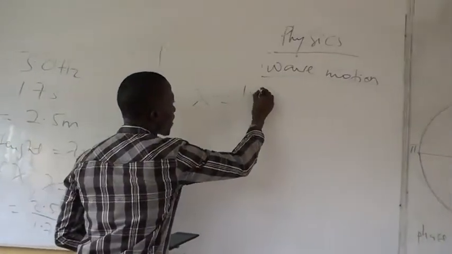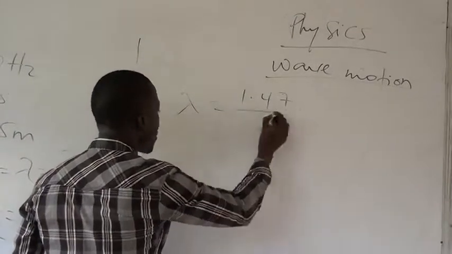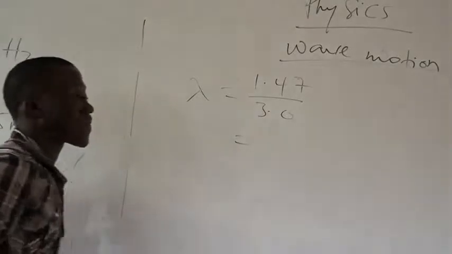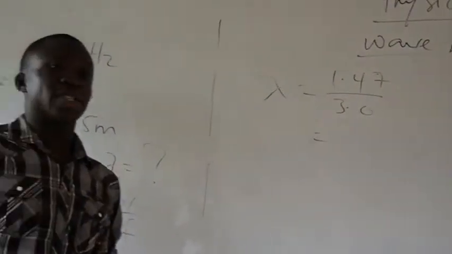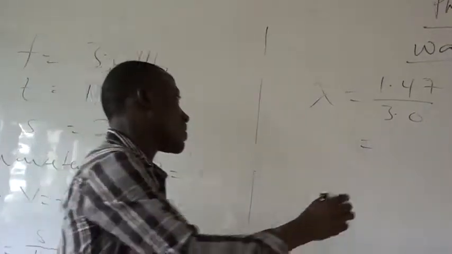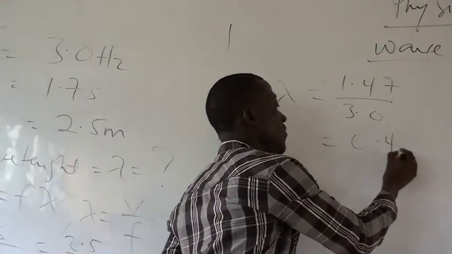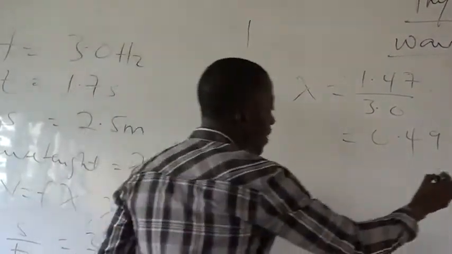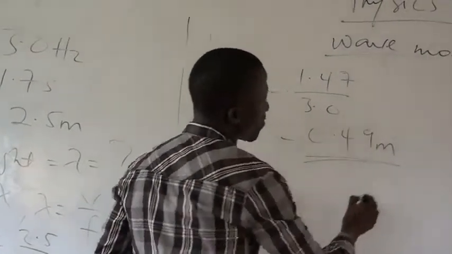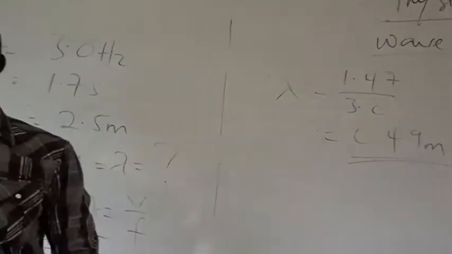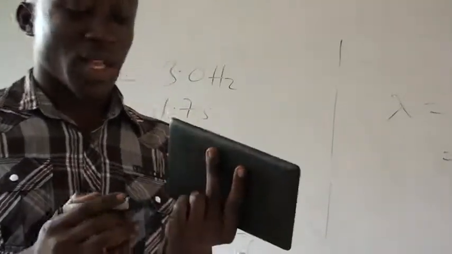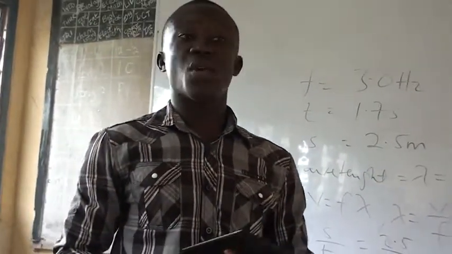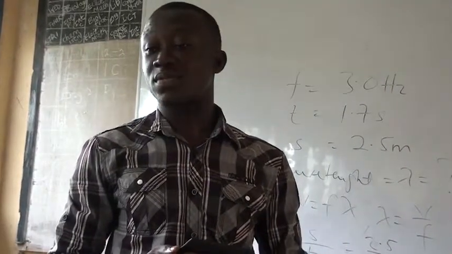So 1.47 over 3.0, I will get what? 0.49. What will be the unit? In meters. So approximately 0.5 meters. So that will give you the wavelength of the wave in question.